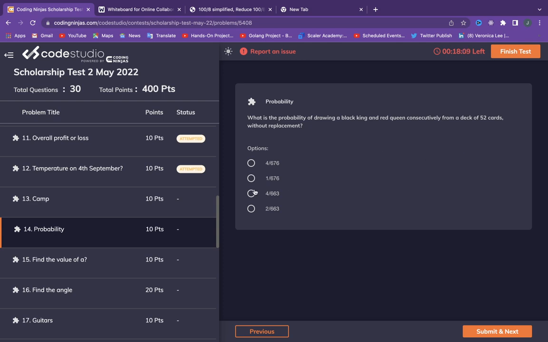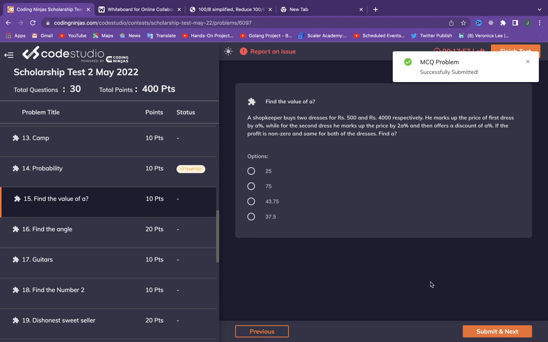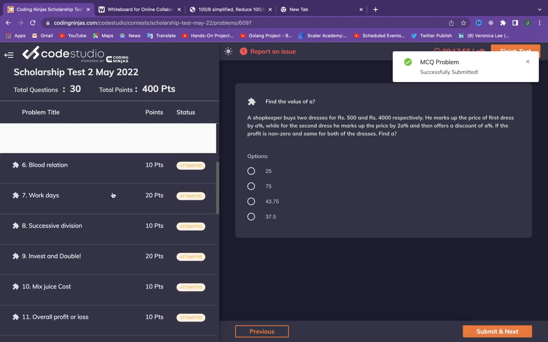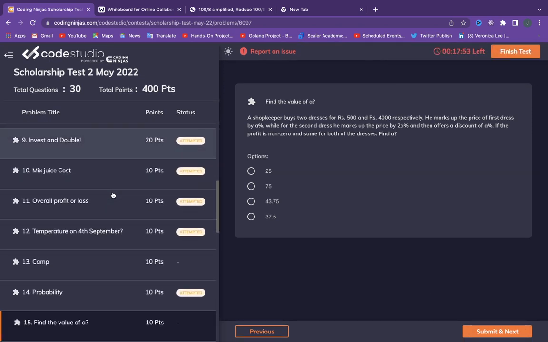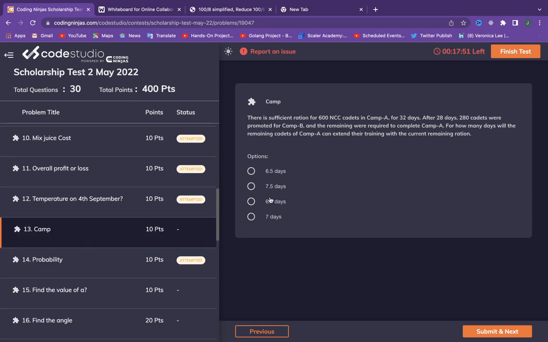That means I'm gonna do 1 divided by 676 for no particular reason. This is a bad exam. I hate this exam. Why am I even doing this?